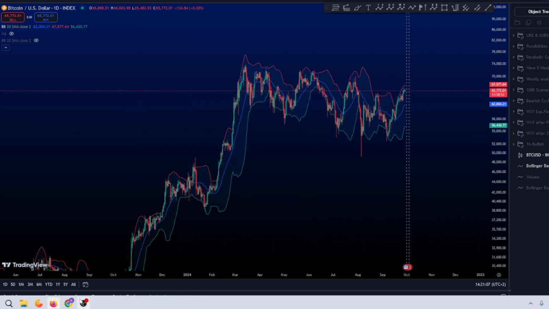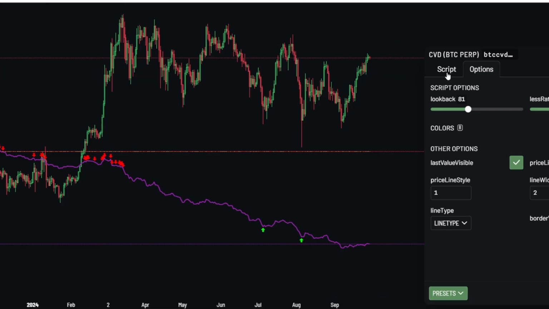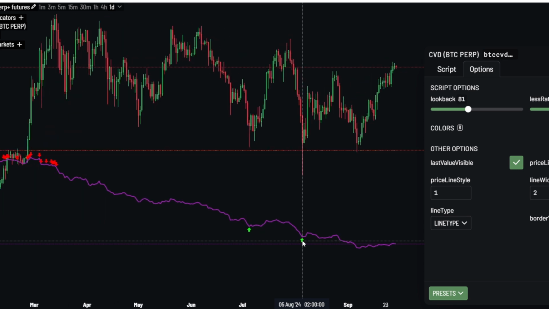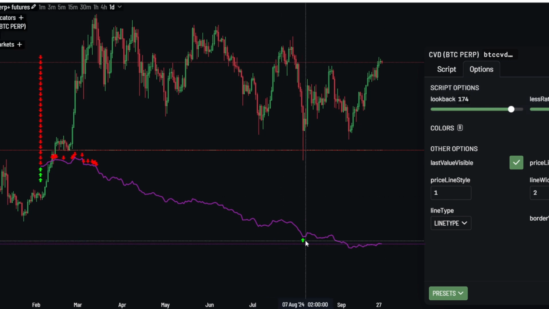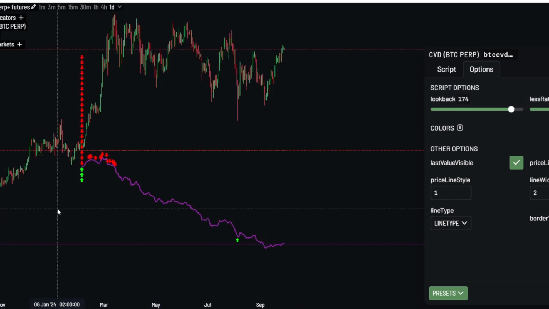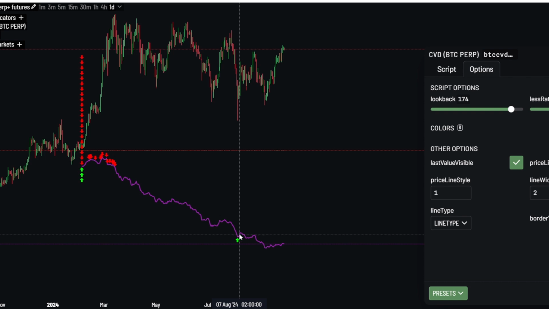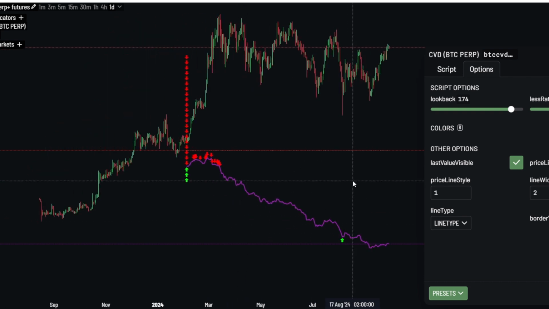Now, one more indicator I can show you is my own indicator. As we can see here, the bullish signals in this trade are still very strong. They are the strongest here since, counting 174 days before. 174 days means like half of 6 months.